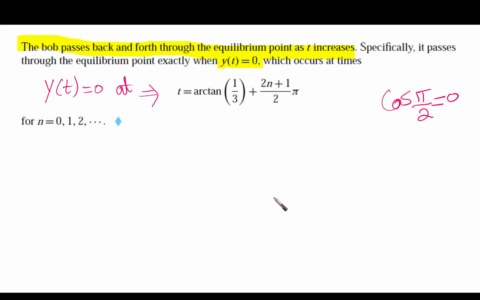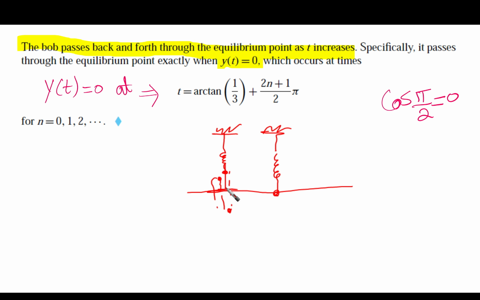If this is the equilibrium position, the spring goes here, stops, then goes back here, then here again. So it is going up and down. That is the meaning of it.